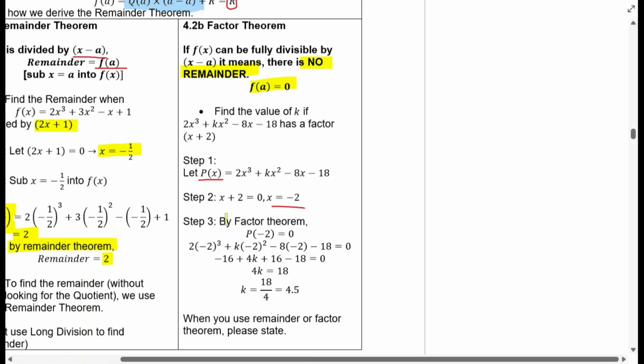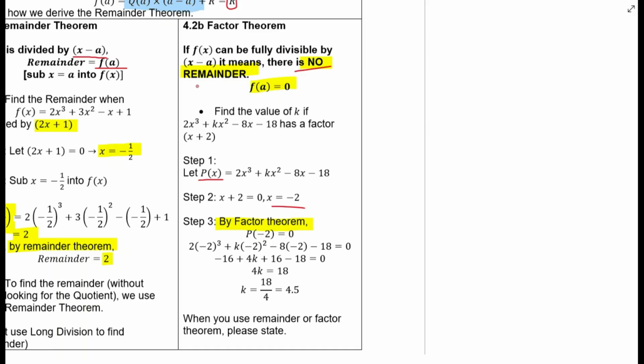And then step 3, by factor theorem, you will sub your x equals to minus 2 into your p(x). So p(-2) and then equate it to 0, because if you recall, there will be no remainder. So p(-2) equals to 0. Subsequently, you once again sub in x equals to negative 2 into your equation and equate it to 0. Then from there, you can find your k equals to 4.5.